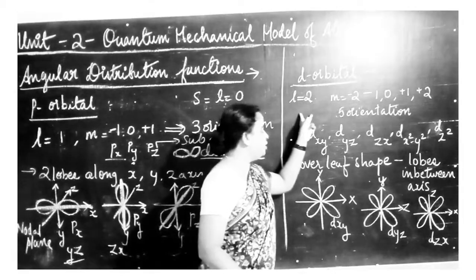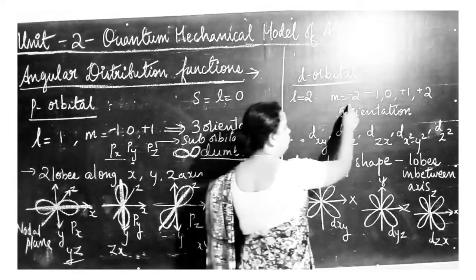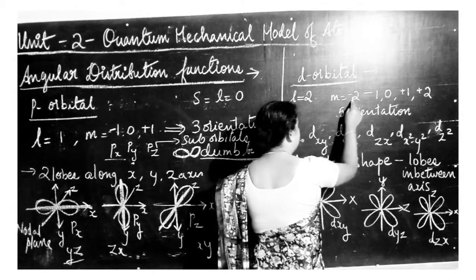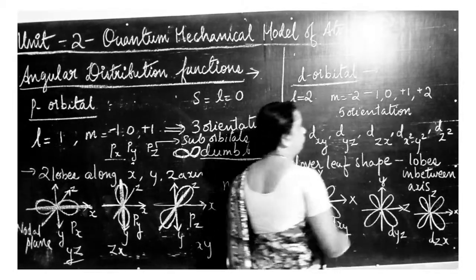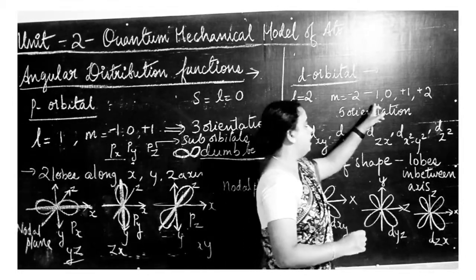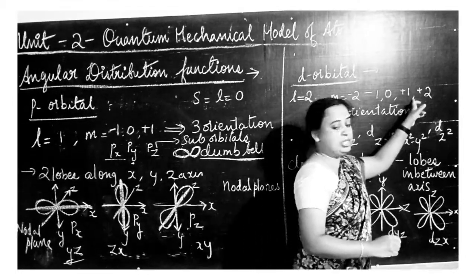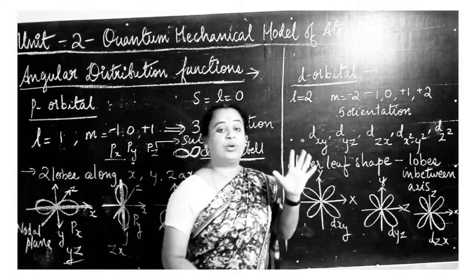When L is equal to 2, what will be the magnetic quantum number values? -2, -1, 0, +1, +2. So there are 5 values here, that is 5 orientations.